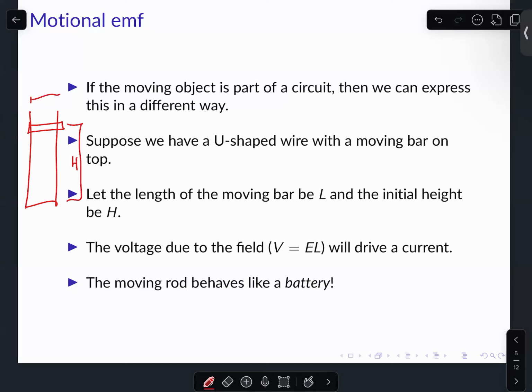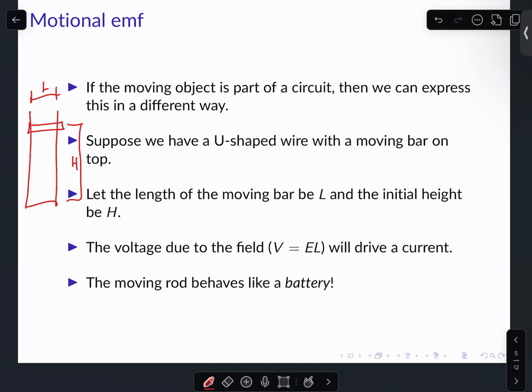I call this length of the bar L. And the voltage due to the field drives the current. Let's find the current in the wire. I told you before that the wire has some resistance. There's R ohms of resistance in the wire.